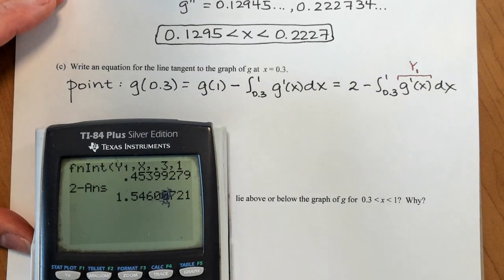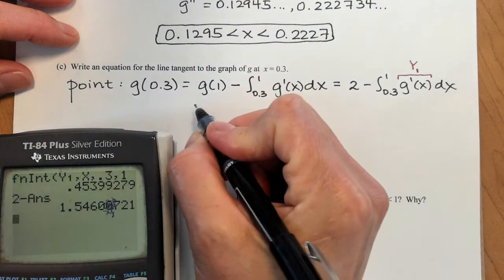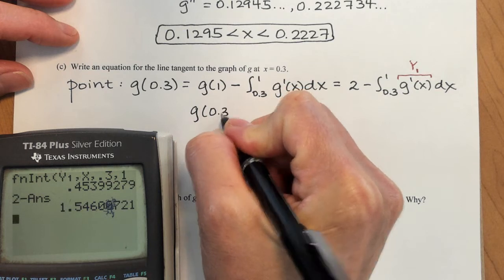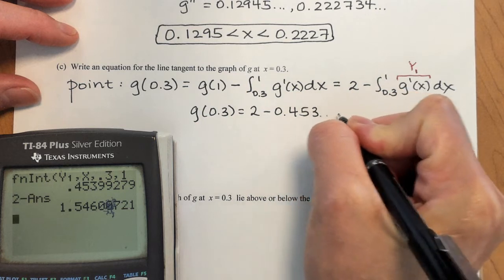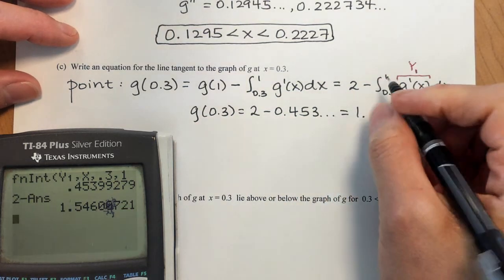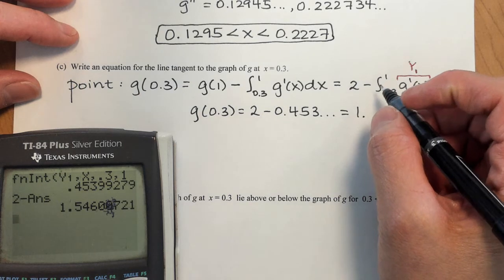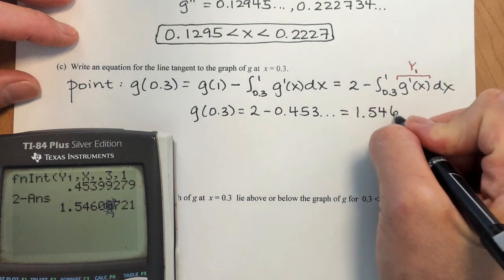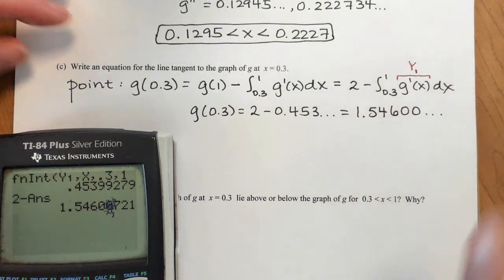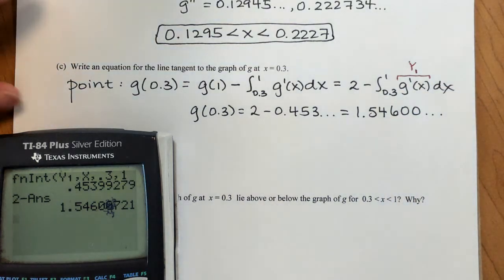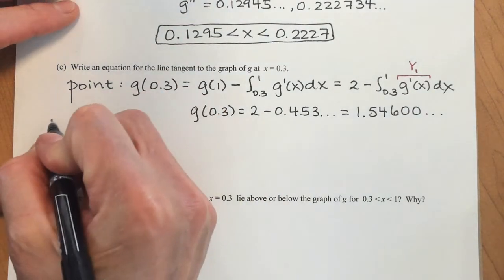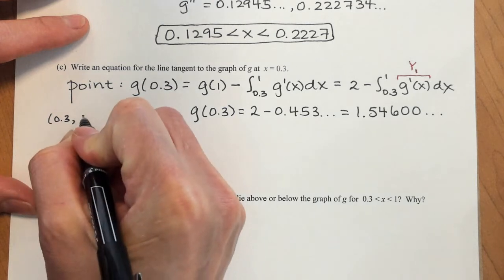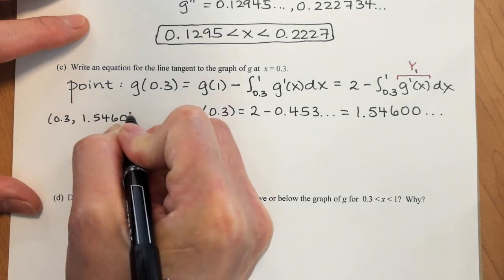So g of 0.3 is 2 minus 0.453, and I get 1.546, I think that says 1.54600. Okay. So now that's my point. That's the ordered pair that I'm going to use. Again, my point is (0.3, 1.5460).